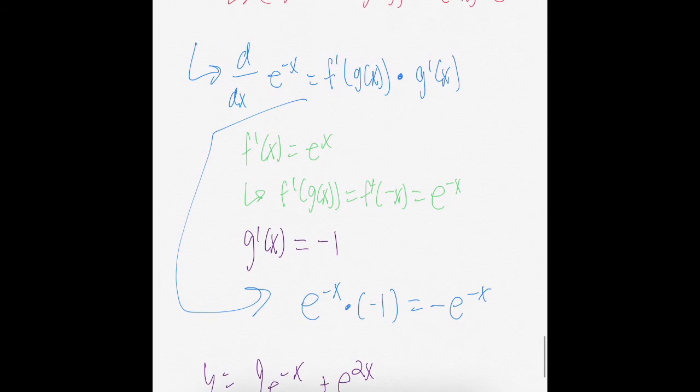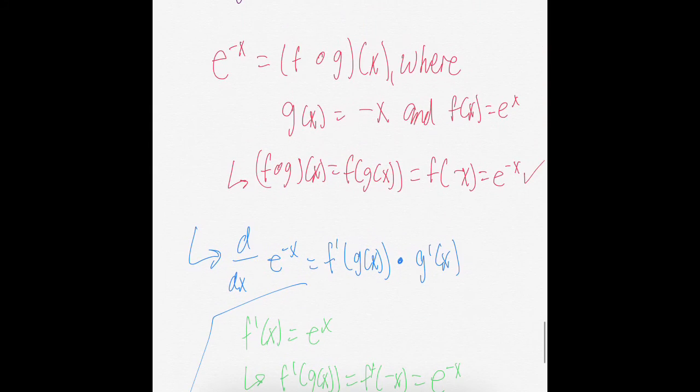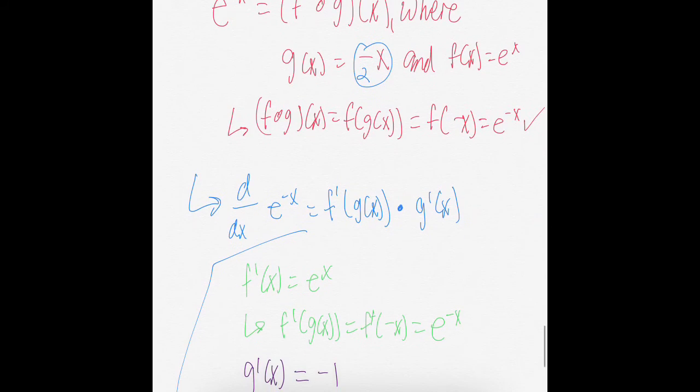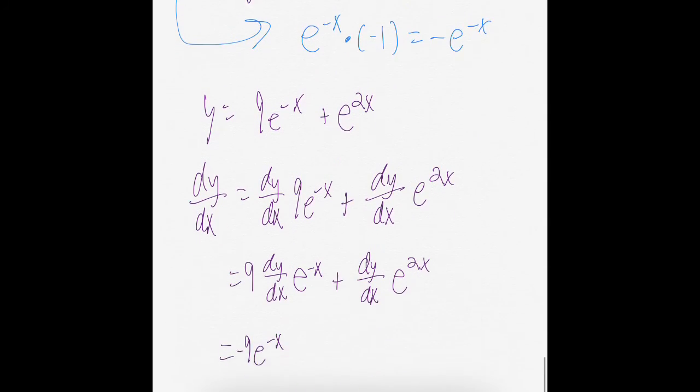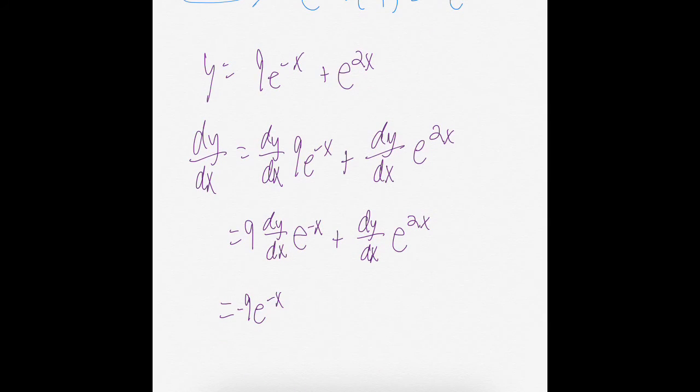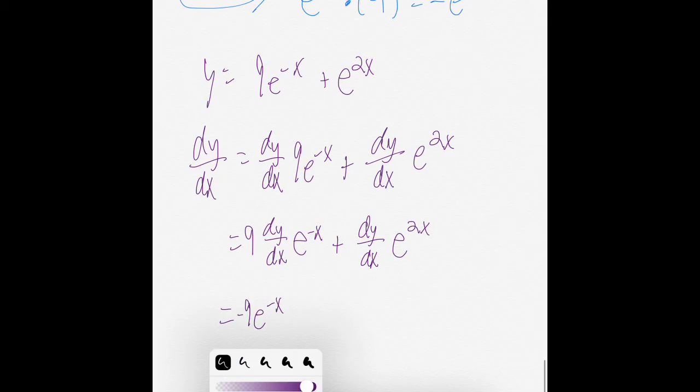In the same manner, if we go back and look at what we did to compute the derivative of e to the negative x, if we just change negative x to 2x, then everything else is going to work out exactly the same. And so we find out that the derivative of e to the 2x is 2e to the 2x.